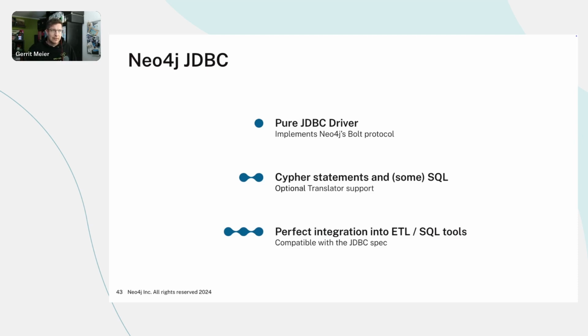And now it's possible to use JDBC with Neo4j on the protocol level. So we have a minimalistic implementation of our communication layer and values mapping right in the JDBC driver. So it does not depend on the whole driver anymore. It just takes over the communication part and translation part, or conversion part. And with this, you can execute your Cypher statements via a JDBC driver.